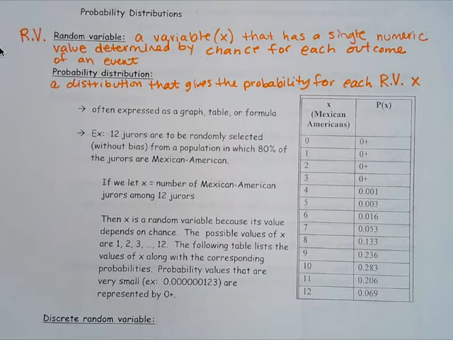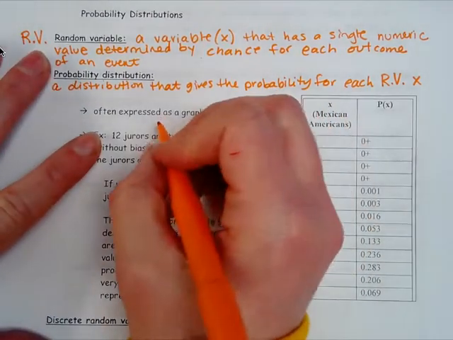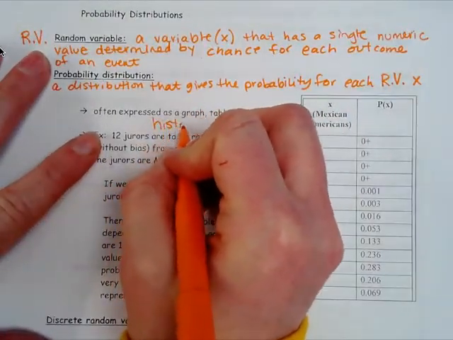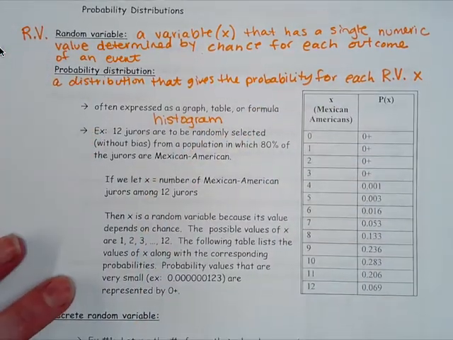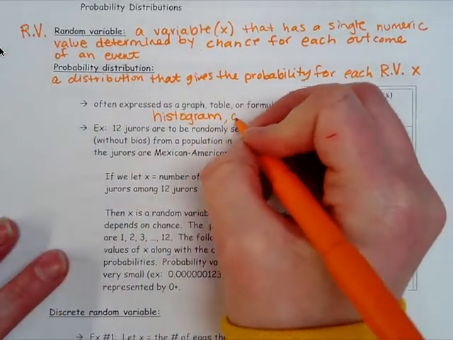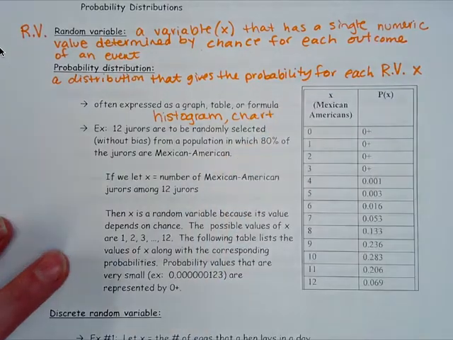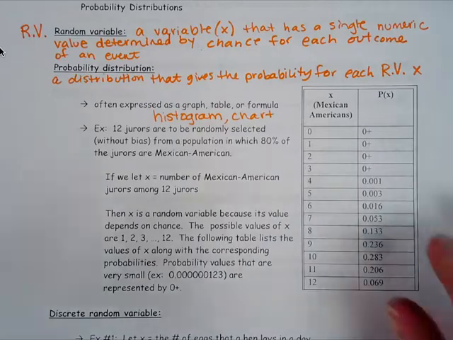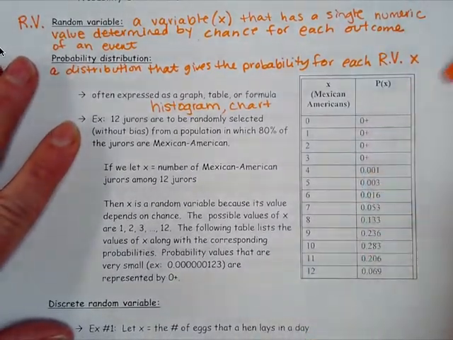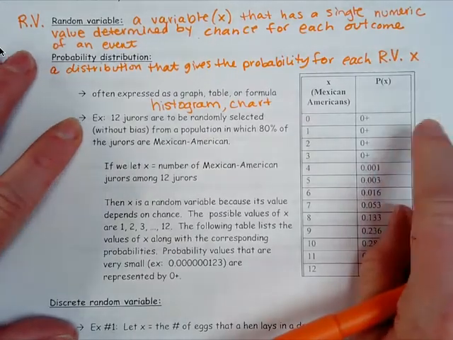So we can write this as a graph, a table, or a formula. We are going to use a histogram or a bar chart. I'll put chart as well. So the way we first express it is with a table. So here's our first probability distribution chart or table.